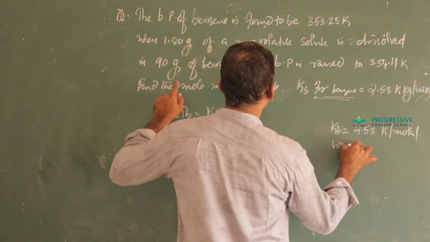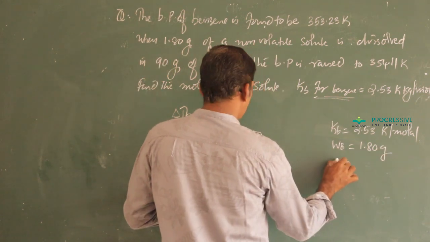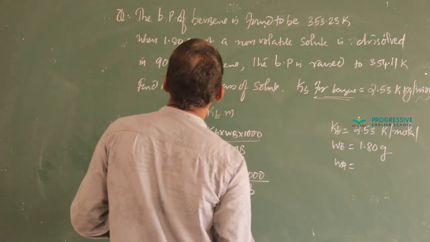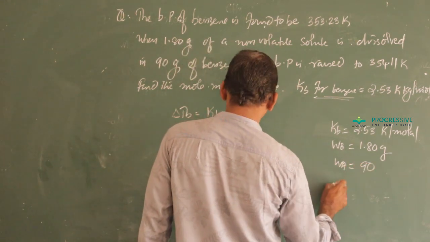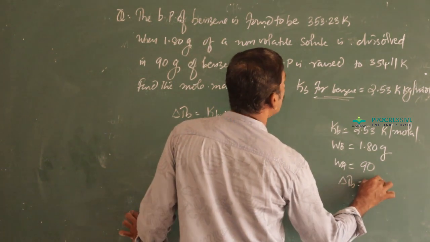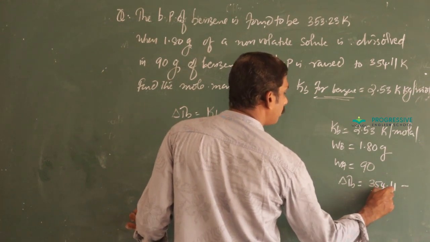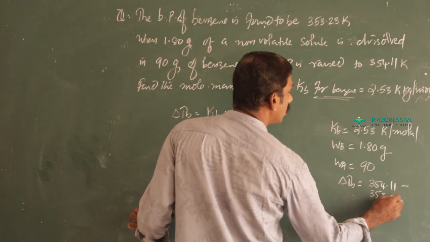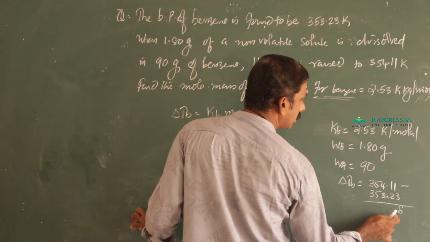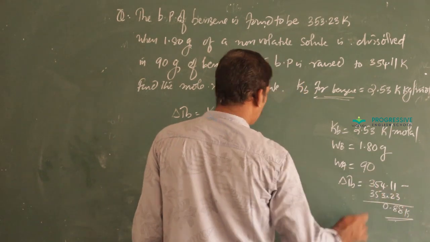Then Wb, mass of solute, equal to 1.80 gram. Then Wa, mass of solvent, 90. Delta Tb equal to 354.11 minus 353.23, 0.88 Kelvin.